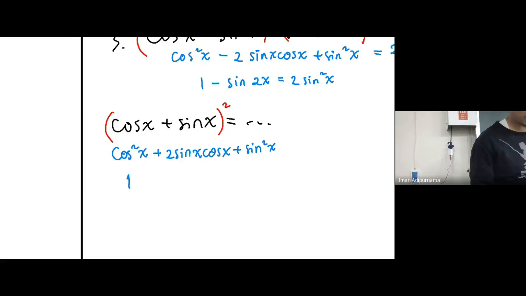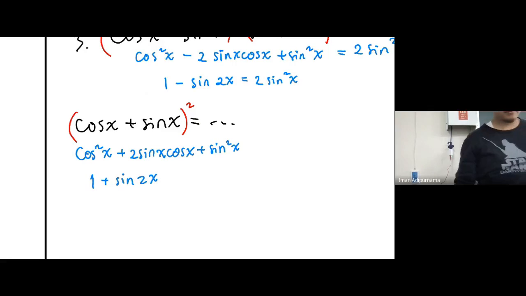Let me write this becomes 1 plus sine 2x. Now I can move this sine 2x and substitute the sine 2x here.